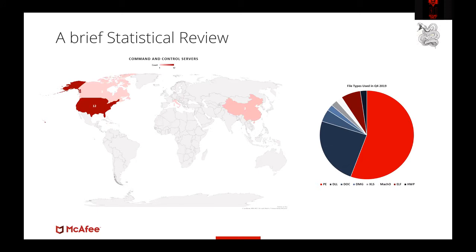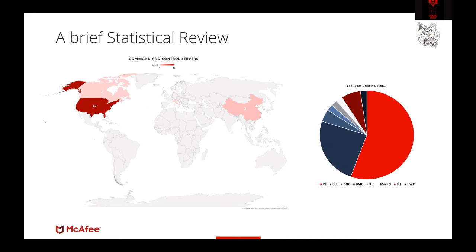So a brief statistical overview of activity that we've seen from McAfee back in 2019 Q4. We have separated two types of data here to show just a short statistical overview. On the right-hand side, we have a pie chart that is referring to file types for this adversary that were most prominently used in Q4 of 2019.